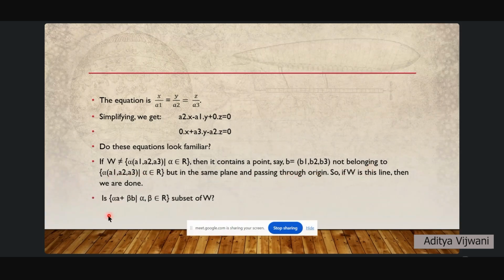So again, if I consider the set alpha A plus beta B, remember here A is (A1, A2, A3), B is (B1, B2, B3), it will be a subset of W. Will it be?